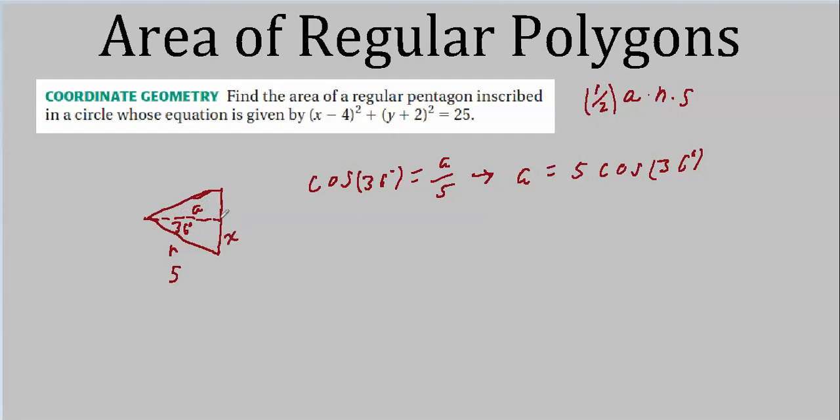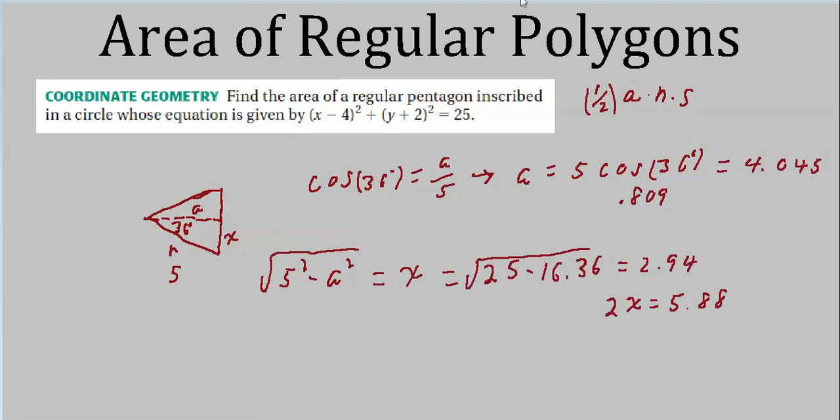And we're going to have 5 squared minus A squared. This is our hypotenuse squared minus one side squared. The square root of that is going to give us X. So if we plug this in here and calculate, when we get X, we're going to have to double it, and that'll give us S for our formula here.